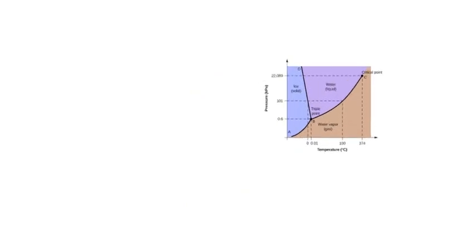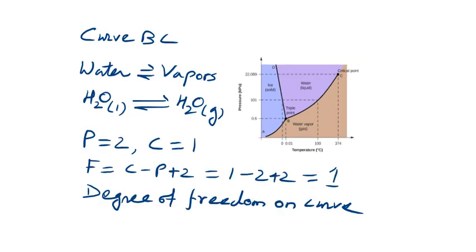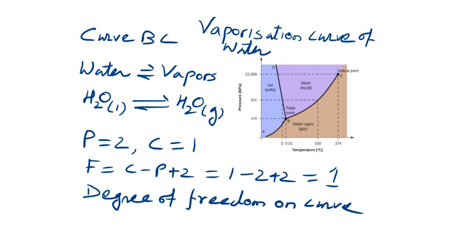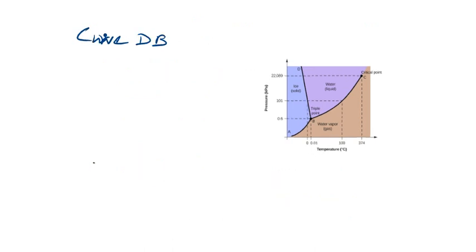We can take another example where curve DB is taken. Also, for this curve CB, as water is in equilibrium with vapor, it is the vaporization curve of water, because water is converted to vapors. You can also see the reverse, it is the condensation curve of vapors.